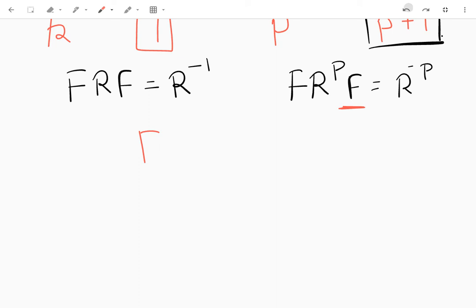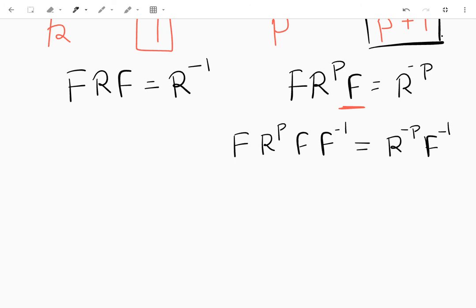So what I'll do is take F R^p F and multiply it by F inverse, and I'll get F inverse here. So I'll get F R^p equals R inverse^p F inverse. And if you remember, F inverse is F itself.